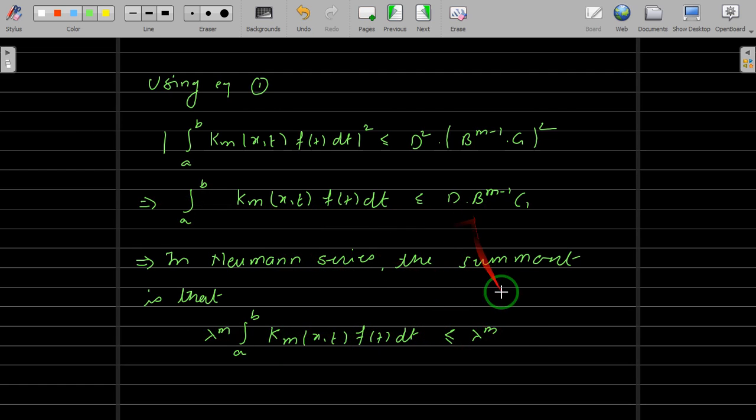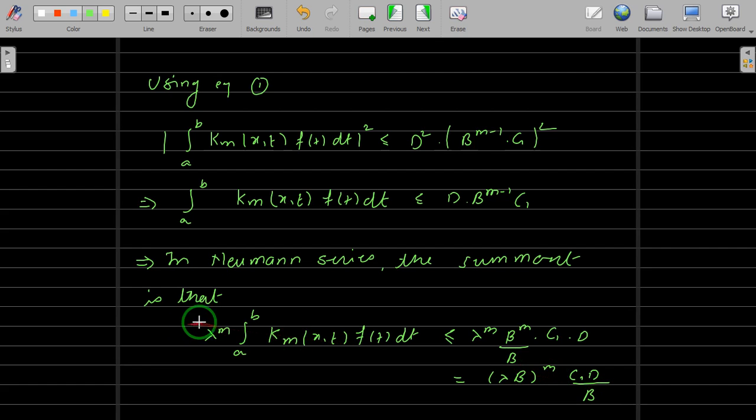So lambda raised to m, I will adjust somehow b raised to m upon b, because already we have b raised to m minus 1. So you multiply by b, then you have c1, and then you have d, right? And this is same as lambda b raised to m c1 d upon b.